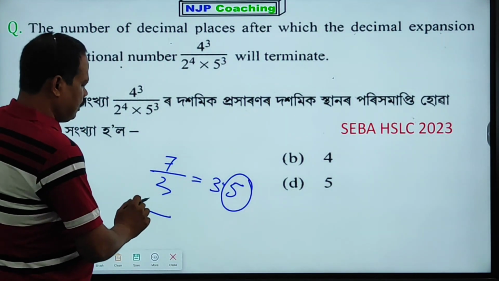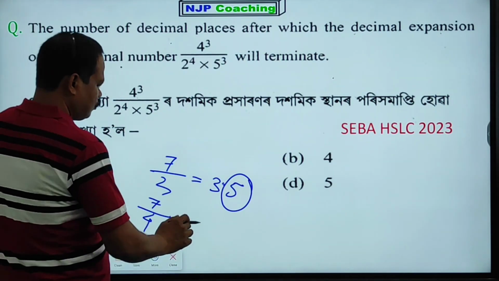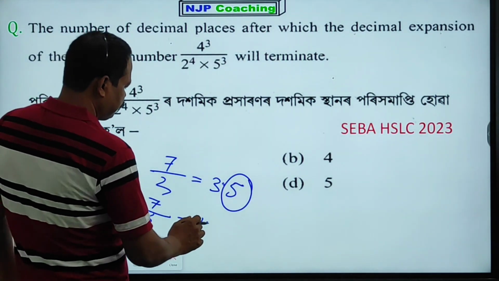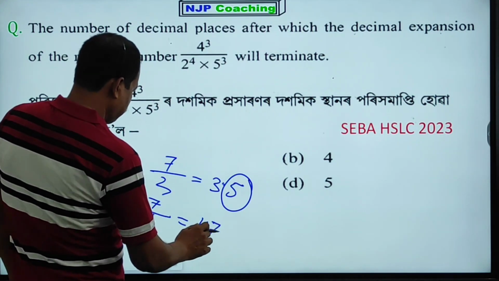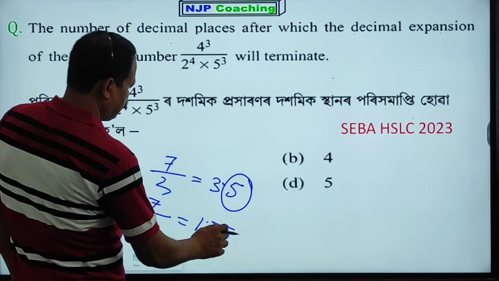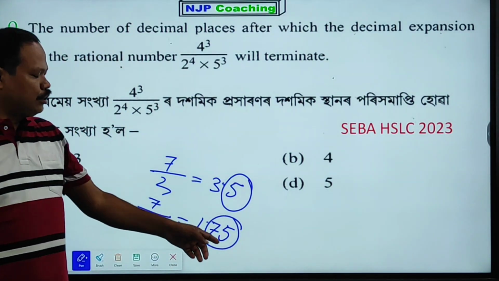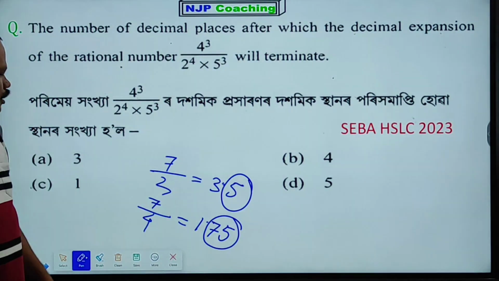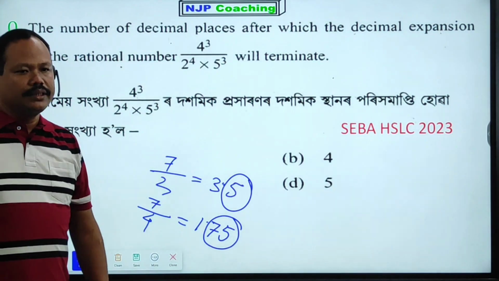If I write 7/4, this number terminates after 2 decimal places, and it terminates after 2 decimal places.